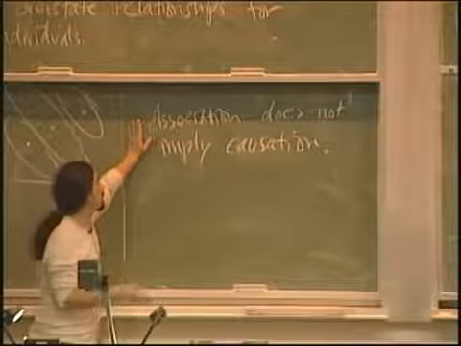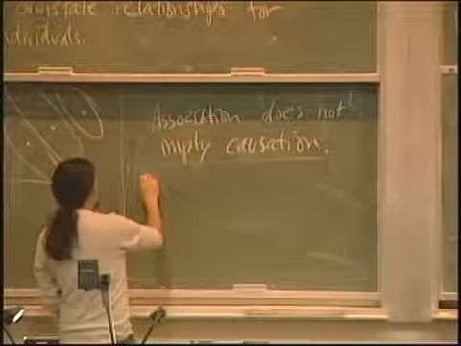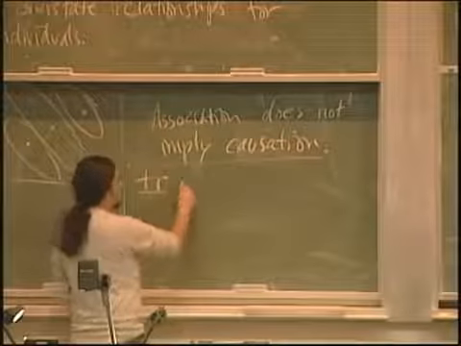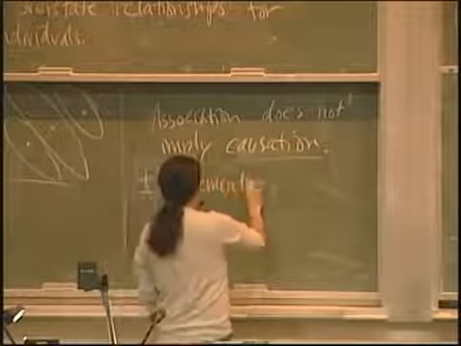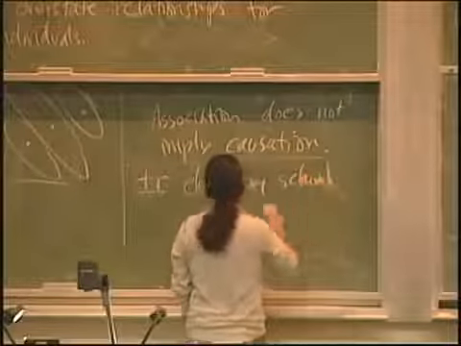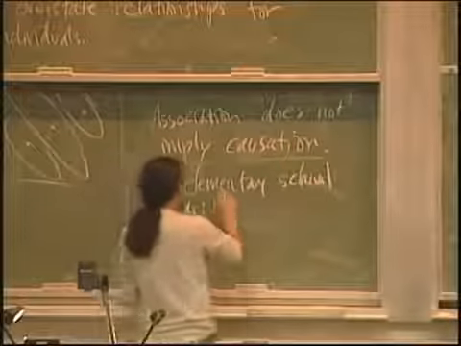Okay? So a couple more quick examples I want to give you. One is that there's a positive correlation for elementary school kids for shoe size and reading ability.